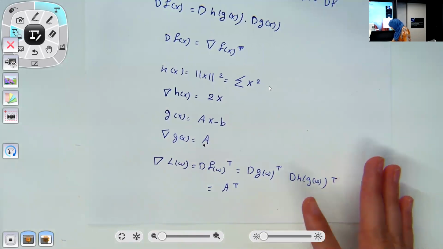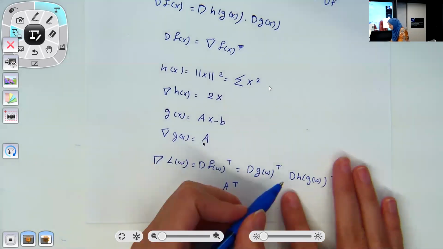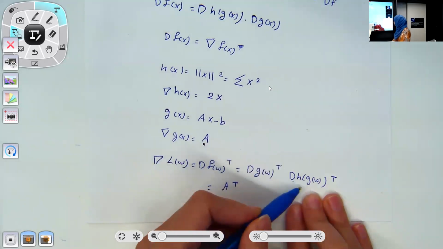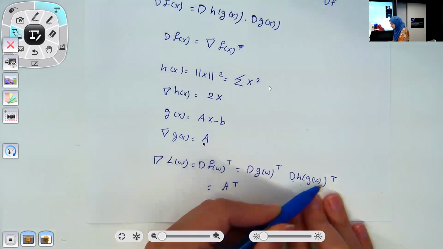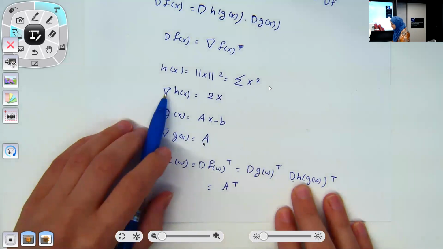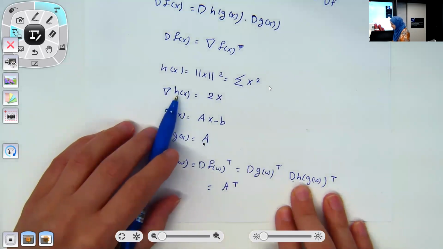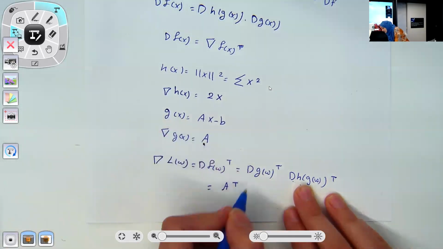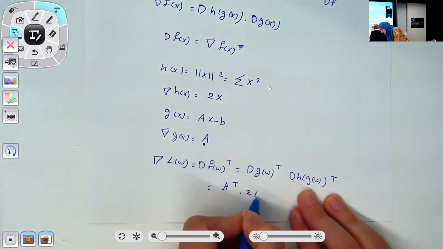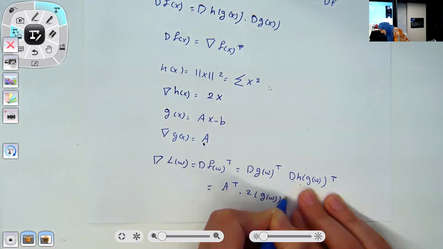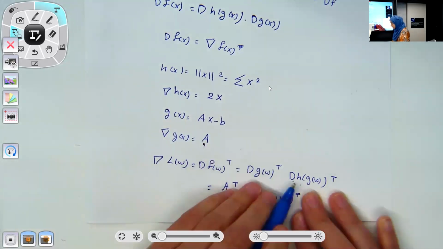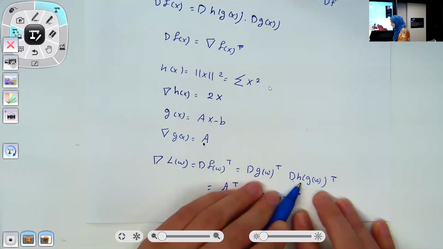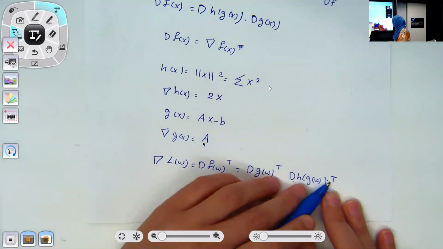For the second part, we need to find the Jacobian of h of g omega transpose. And we found here that the Jacobian of h equals 2 times g of omega transpose, and all of these transpose. Why? Because we need to take a transpose for h and transpose also from here.